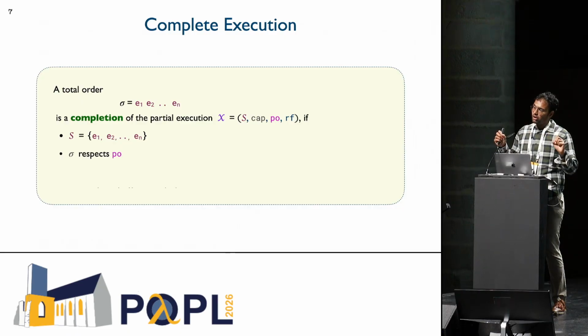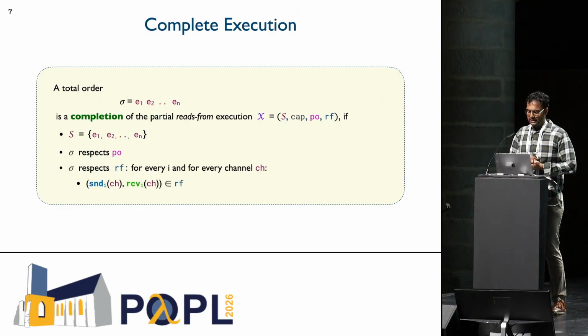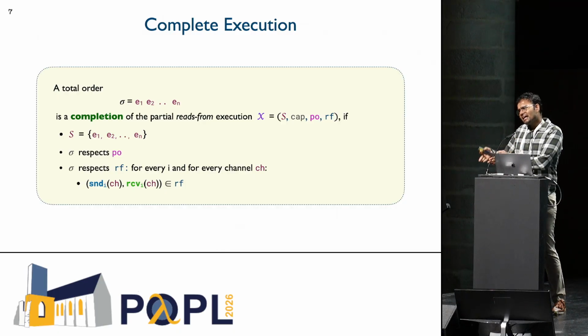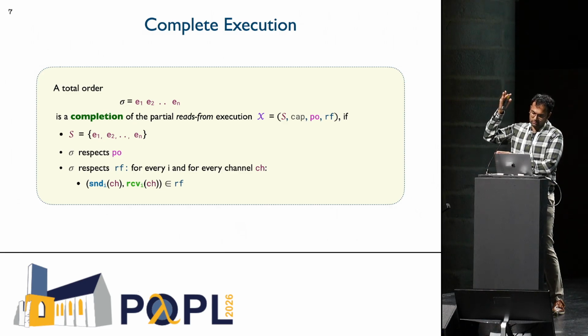Number two, this total order also respects the program order. And finally, it also respects the reads from mapping, if that is also part of your input. By that I mean, if I look at the ith send and the ith receive, they are indeed those that my input asks for.